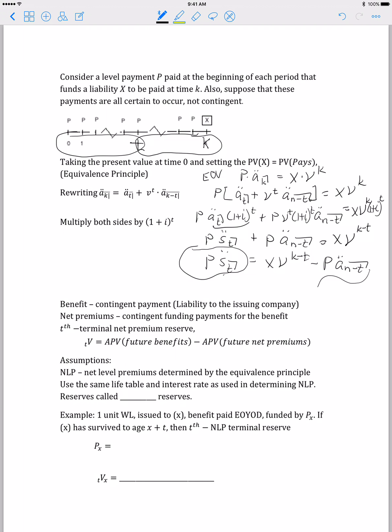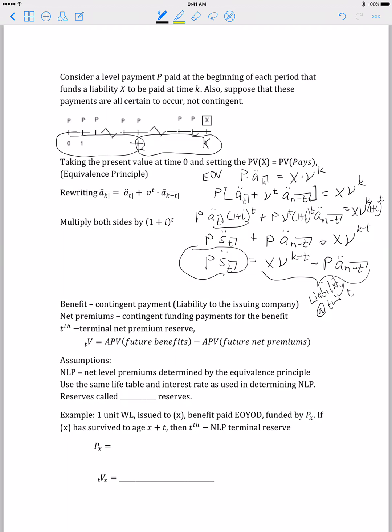The right-hand side is an expression showing the liability at time T. Now, why is it the liability?